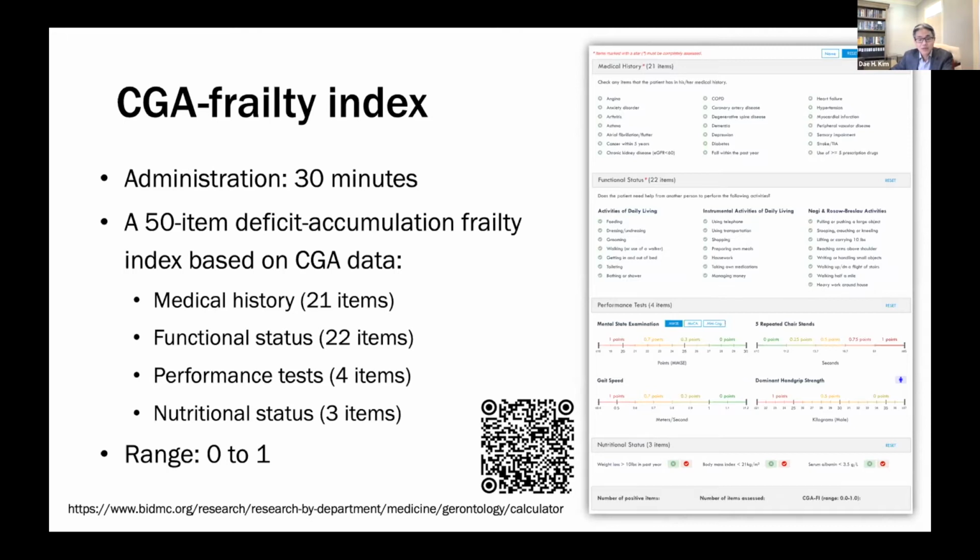Many of these items already exist in medical records, but searching for that information and counting abnormal items can be cumbersome. Use of online calculators, such as the one shown here on the right, or EHR-embedded calculators, can facilitate data collection and calculation.